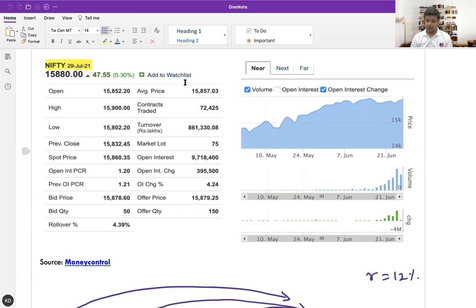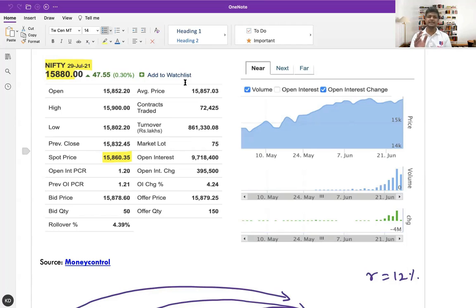Now, what you have to look at is the spot price. And the current price of the contract is 15,880. So 15,880 and 860, there is only a minor difference of 20, right? Why? Because there's only 1 month left in the contract.